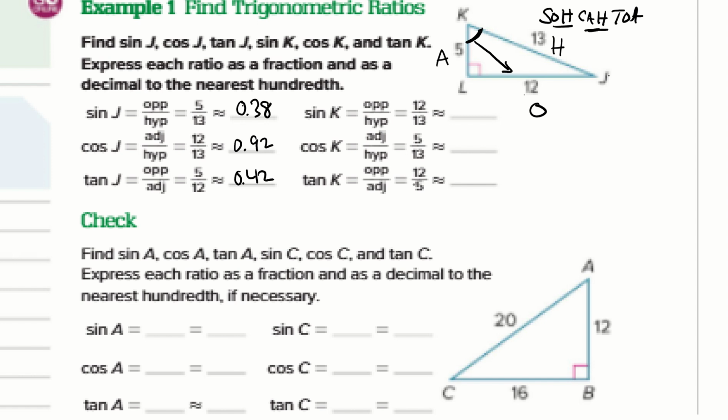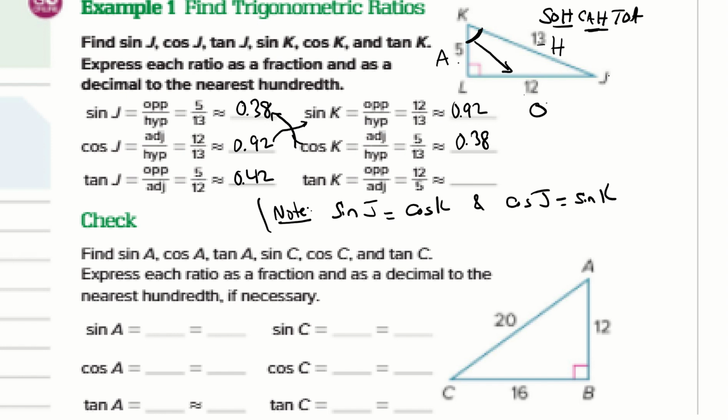So sine of K is opposite 12 over hypotenuse 13, which is 0.92. Then cosine of K is 5 over 13, which is 0.38. Notice the switch between the values of sine K and cosine J. Cosine J is equal to sine K, and sine J is equal to cosine K. Let me put a little note here: sine of J is equal to cosine of K, and cosine of J is equal to sine of K. This is always true for these types of examples.